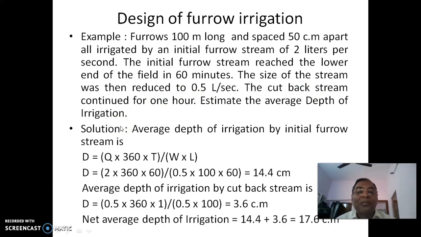Here there are two stream sizes. In the first stream, the average depth of irrigation by the initial furrow stream, D, by the formula already discussed, we simply substitute these values and get 14.4 centimeters.